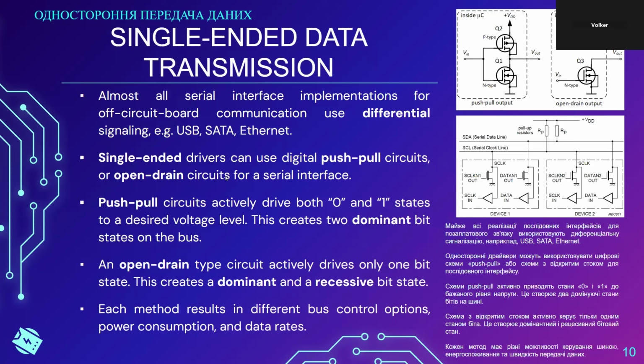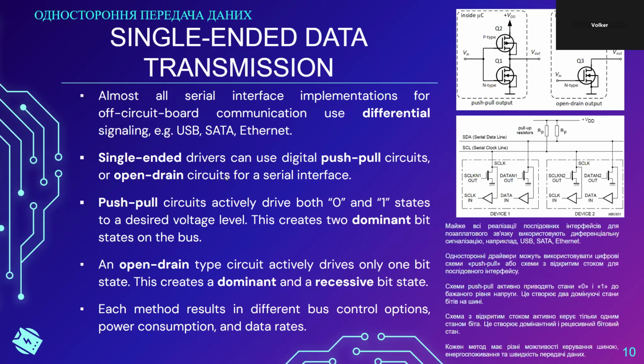The other option is the open drain output. That means one signal is driven and the other signal is pulled, usually by pull-up resistors. It could be pull-up resistors or pull-down resistors, but it is not actively driven by MOSFETs or transistors. This creates a dominant and a recessive bit state.